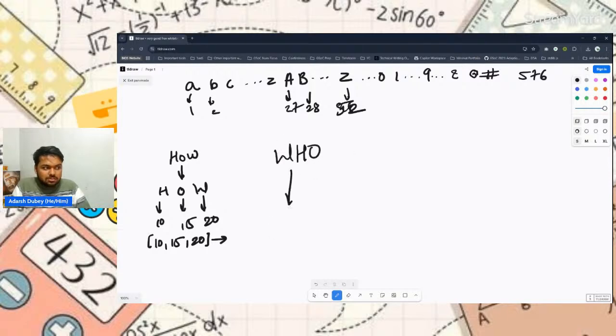So this will have a similar array. The arrangement will be different, but it will have a similar array. So how and who will mean kind of the same, which is not the case in every context. In some contexts, how and who might mean something similar, but in other contexts, who and how might mean something completely different. So this kind of array is not able to contain the meaning of all the things.